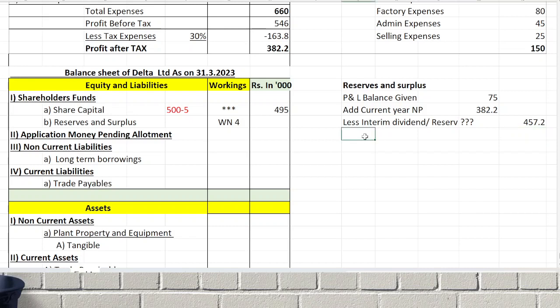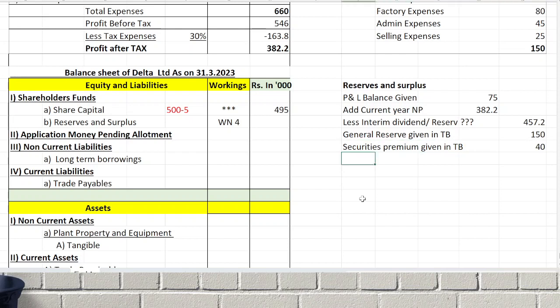Then general reserve. What is the general reserve given in the trial balance? That will not change. No transfer made in the current year. What is the next one? How much? 40.